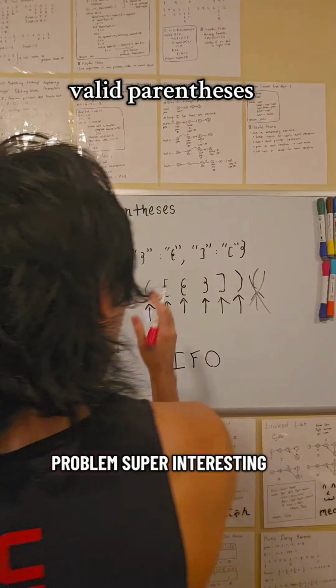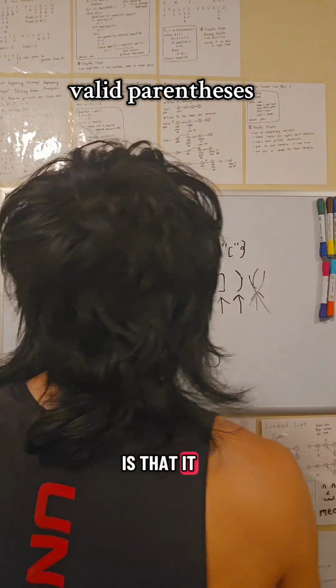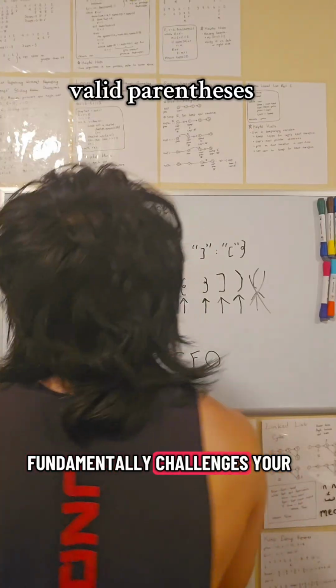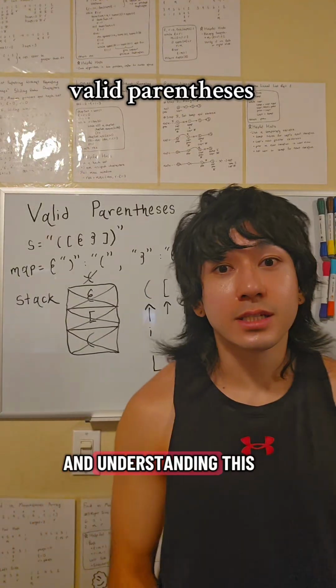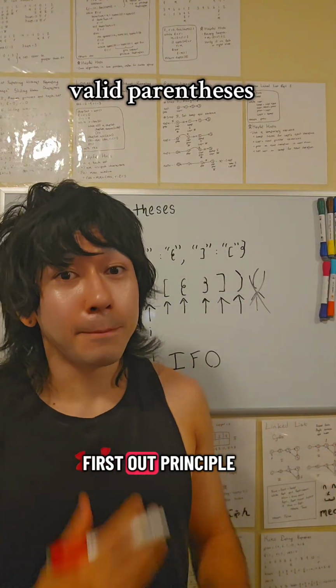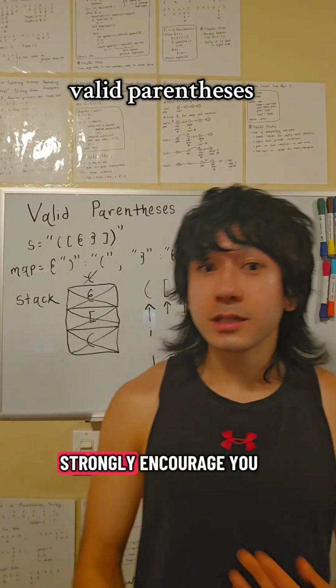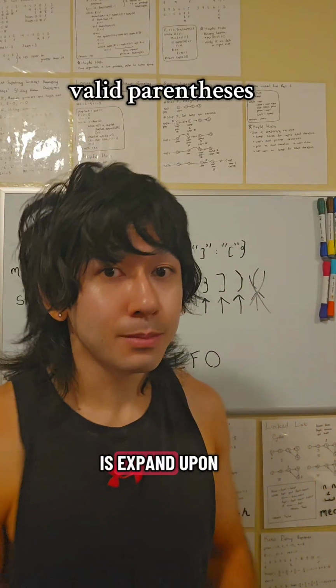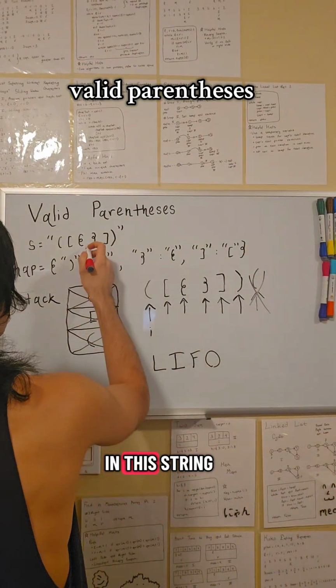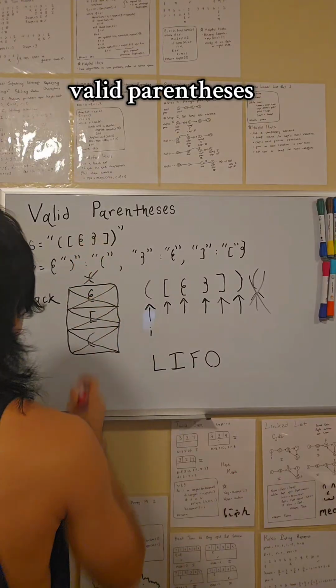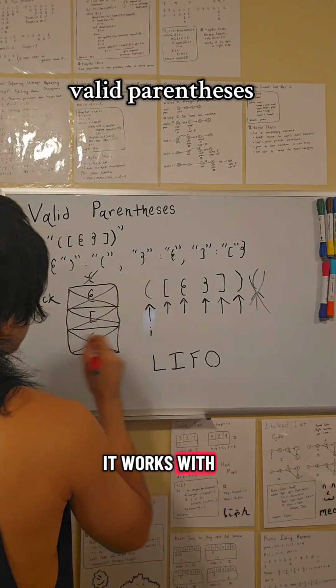What makes this problem super interesting is that it really fundamentally challenges your understanding of how to utilize stacks and this last in, first out principle. What I would strongly encourage you to do is expand upon this problem. Maybe think of more counterexamples for this string and see if it works with the stack.